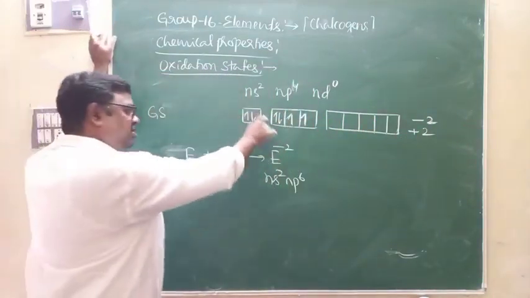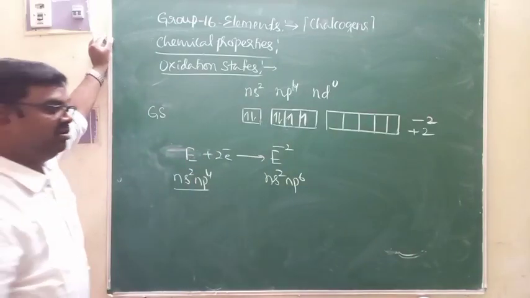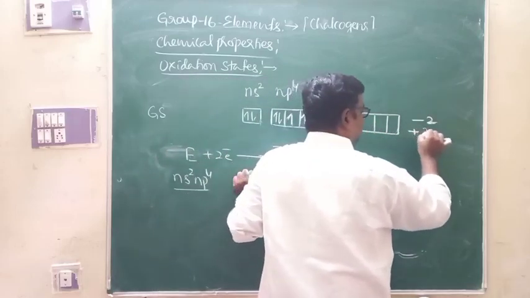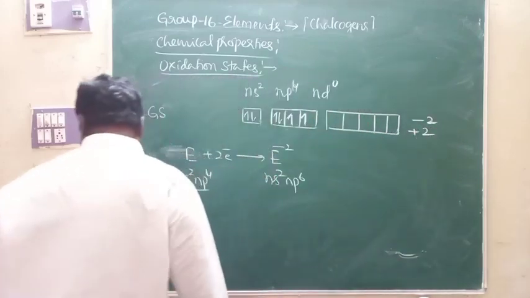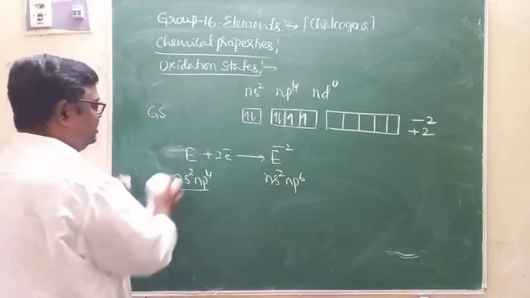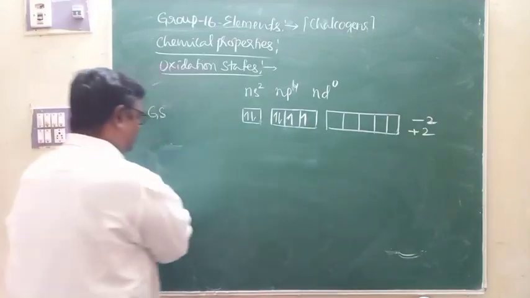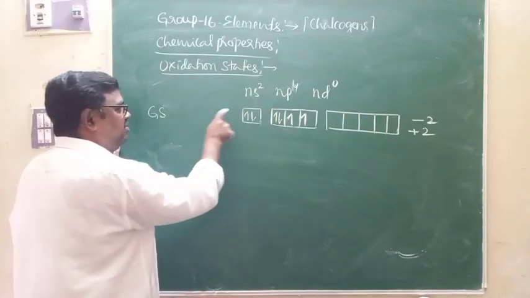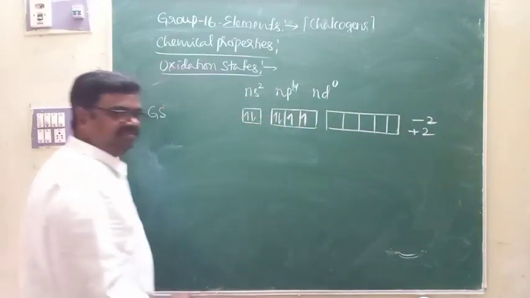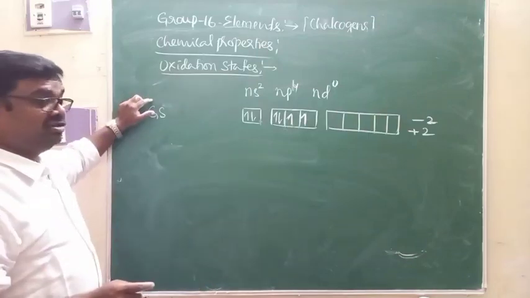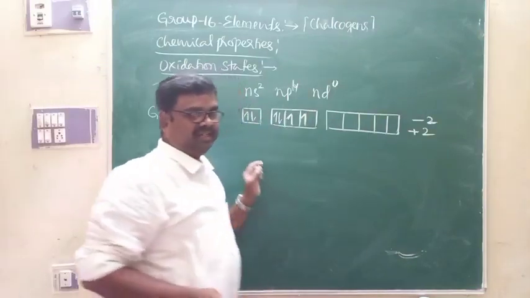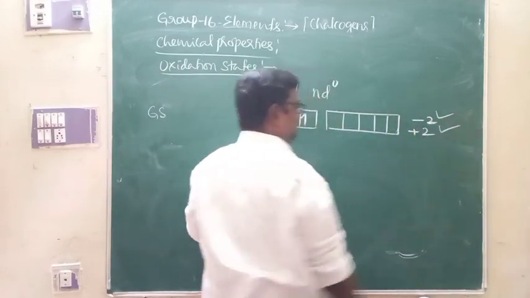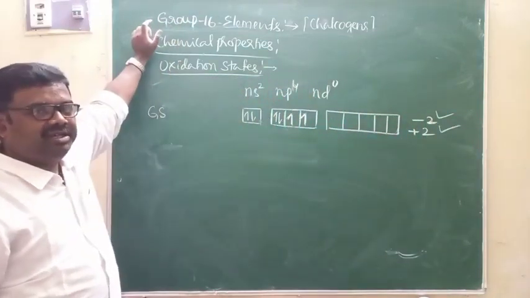So -2 and +2 are the 2 possible oxidation states corresponding to the ground state valence electronic configuration, as far as group 16 elements are concerned.